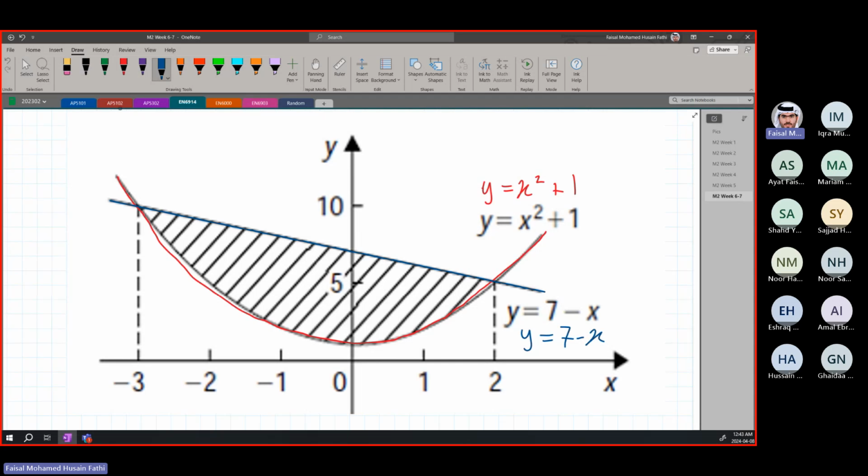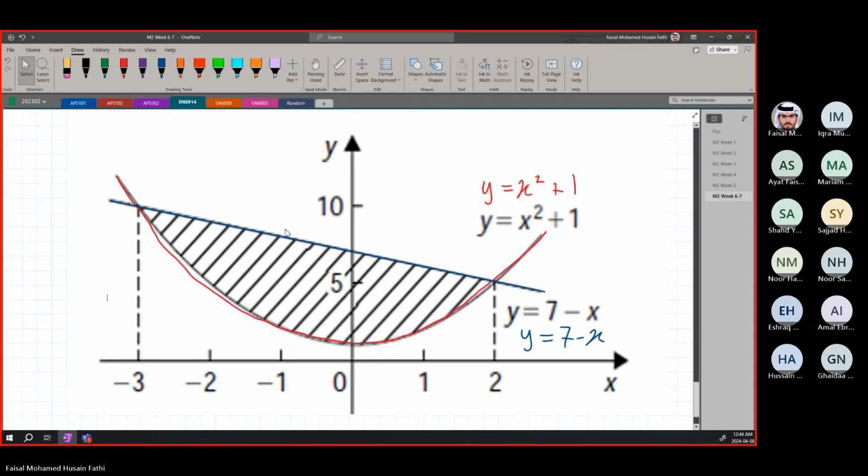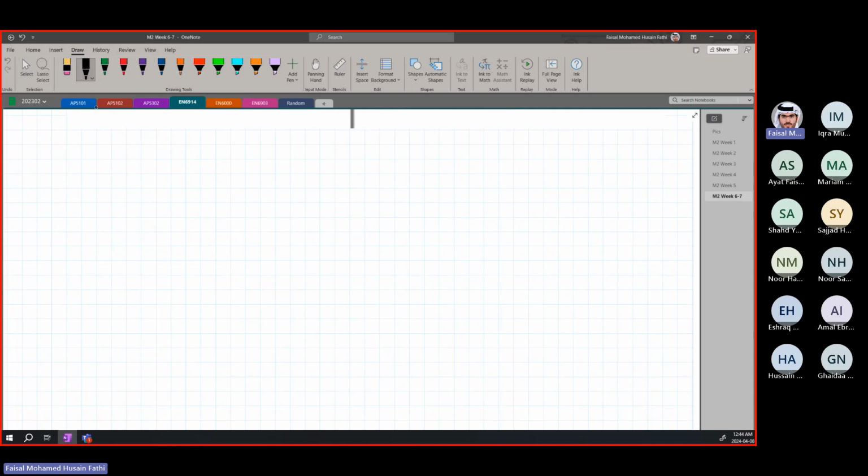Now, if you want to find the area of this, you're always going to do the integration of the top, whatever is at the top, minus the integration of the bottom. Why is that? Because if I redraw these two curves separately, how did they look?